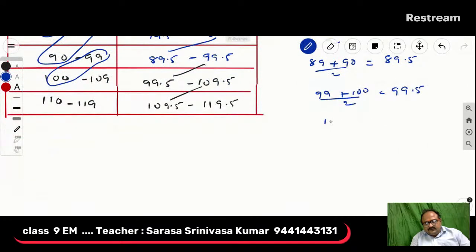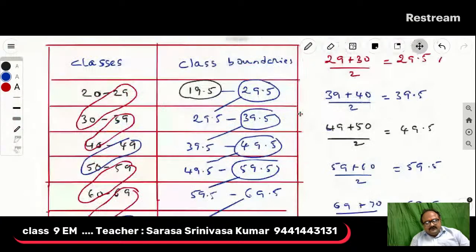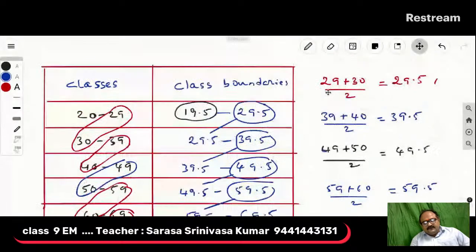Next 109 plus 110 by 2. This is equal to 109.5. Students need not do this calculation. You can just observe that 0.5 is subtracted from the lower limit, and 0.5 is added to the upper limit. So this is how we convert the given class intervals to class boundaries.